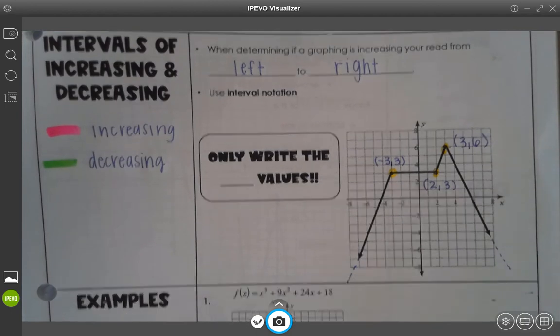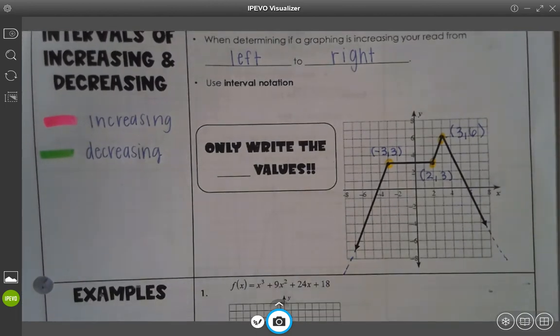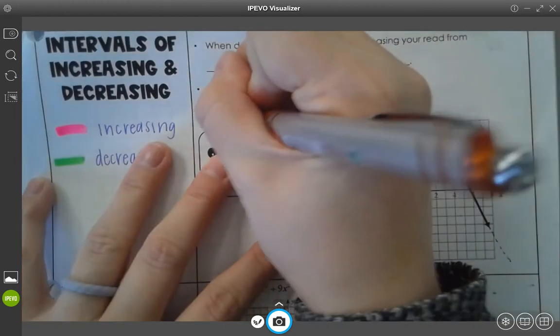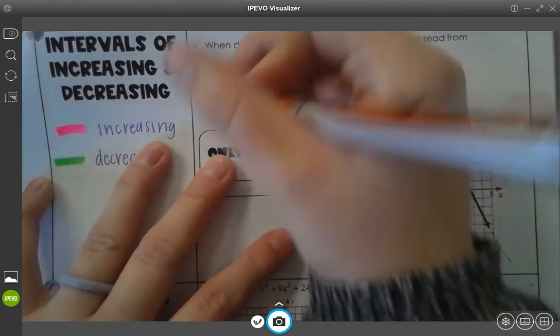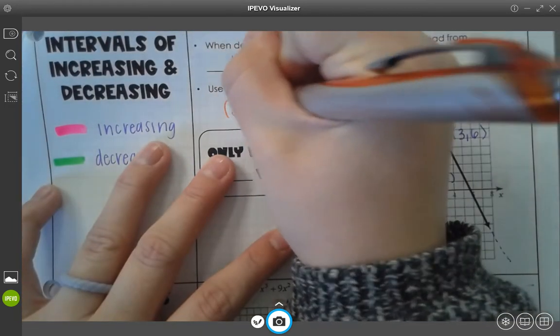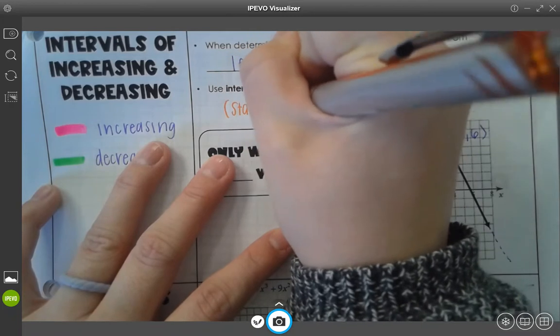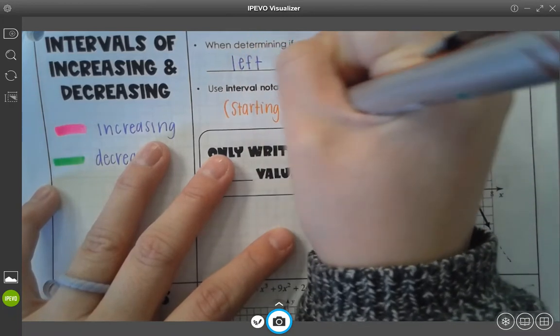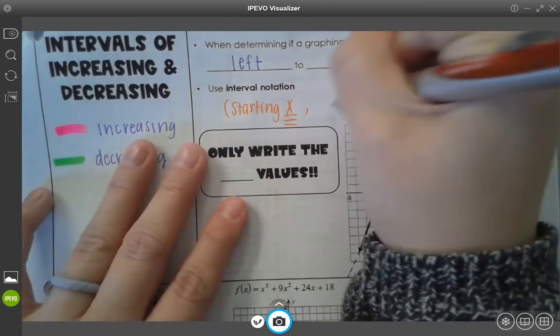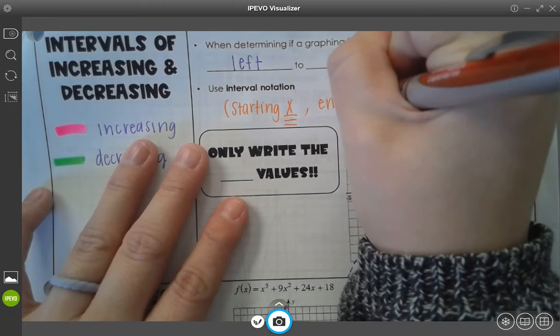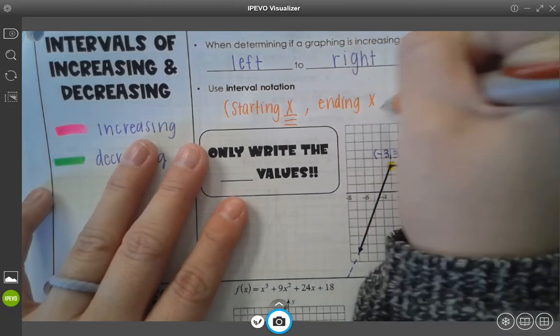When we are writing the intervals, here's what it's going to look like. We're going to have a parenthesis, and we're going to put the starting x, that's important, and the ending x.